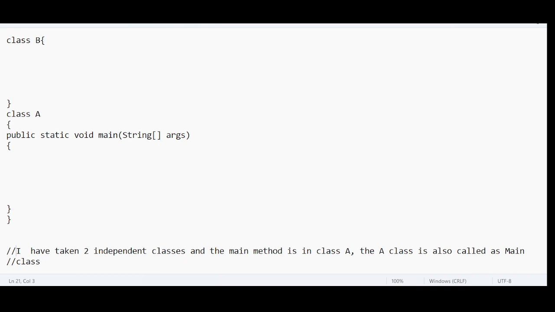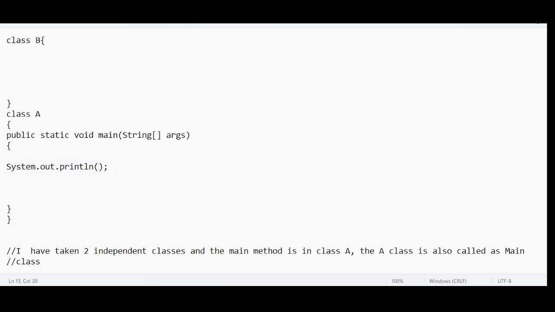So we have two independent classes. One is class A and the second one is class B. Right? Let me write a small statement: System dot out dot println. This is a standard line that you can use.